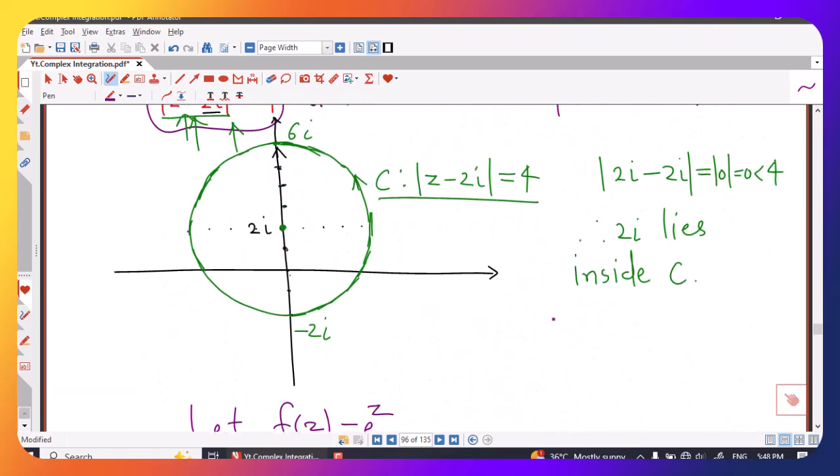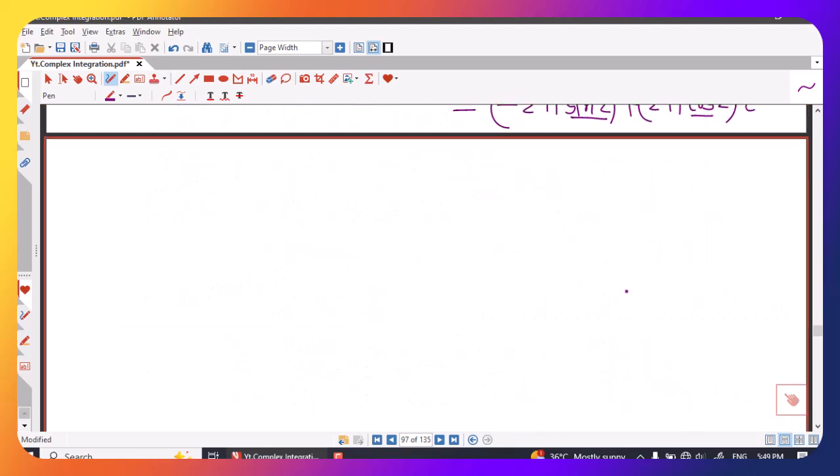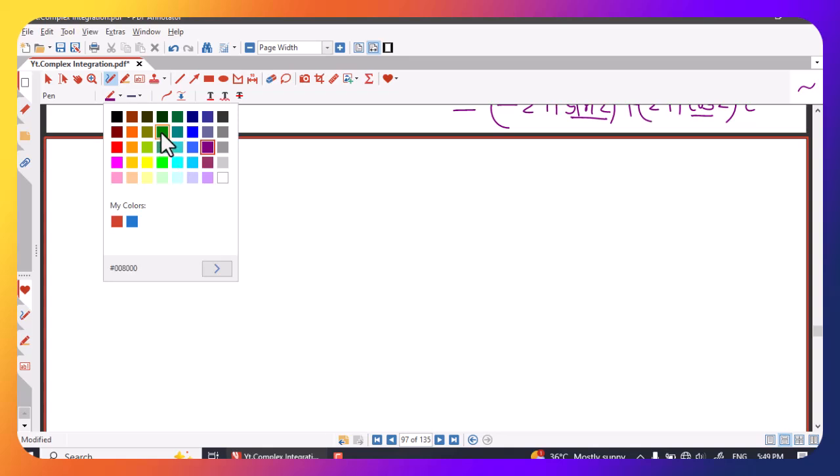So it is very easy to use Cauchy integral formula. All we have to check is whether we can write our integral in this form.